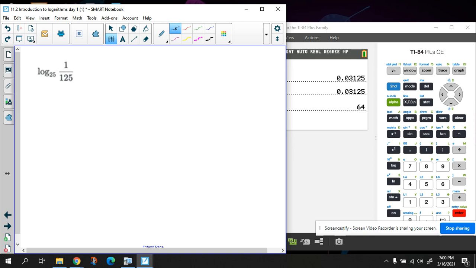This will be my last example for you. 25 raised up to what power gives me 1 over 125? Alert, alert, alert. The argument was a number between 0 and 1. So my answer is going to be negative. Lucky for us, 125, oh, I was going to say could be written as 25 to a power. Wrong. We can write 25 as 5 squared, and then raised up to a power.